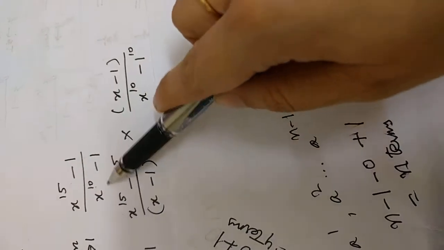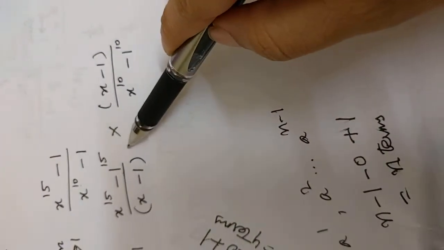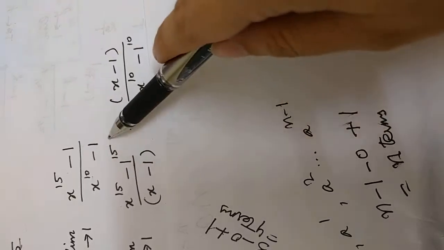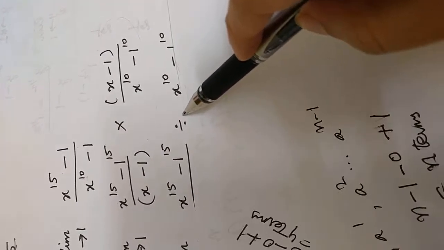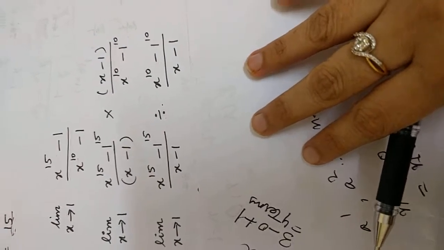Now this term is of this form, x to the power n minus a to the power n upon x minus a, but this term is inverted, so we'll put a sign of divide and this thing will get inverted.